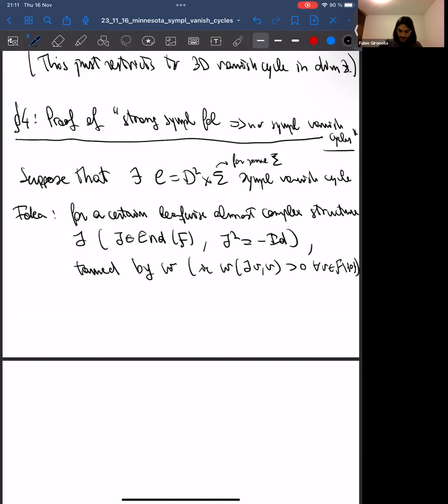So we pick a very specific such structure, and then we look at the moduli space of J-holomorphic disks. Here one needs to prove that this is finite dimensional and smooth; I'm going to say something about this later.